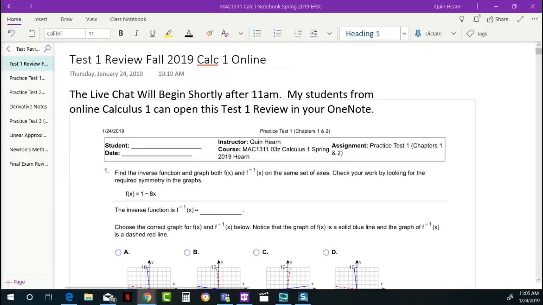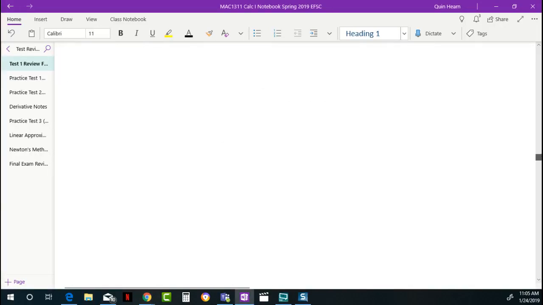Okay, let's go ahead and get started. One question that I did receive was from Chapter 2, Section 3. This isn't on the Test 1 review, so I'm going to scroll down and put it at the bottom. It was item number 2.3.47 in my math lab, and it looks like this.